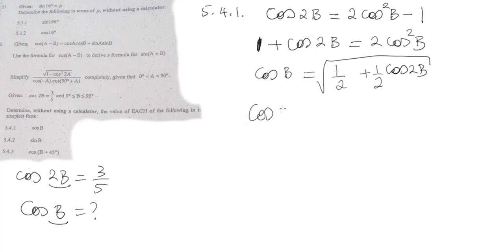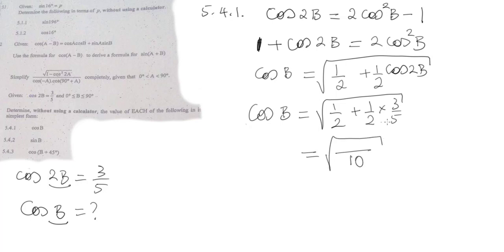So remember, cos 2b is 3 over 5. So after calculation, you see here we have 5, we have a 10 as a denominator, and here we have 10 divided by 2 is 5.